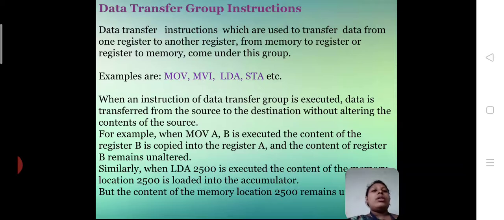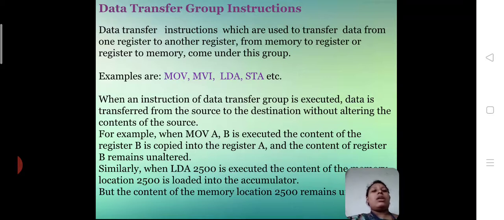For example, if B has the content 07 and I give the MOV A, B instruction, that 07 is moved into A. That means A now contains 07, but B also has 07.